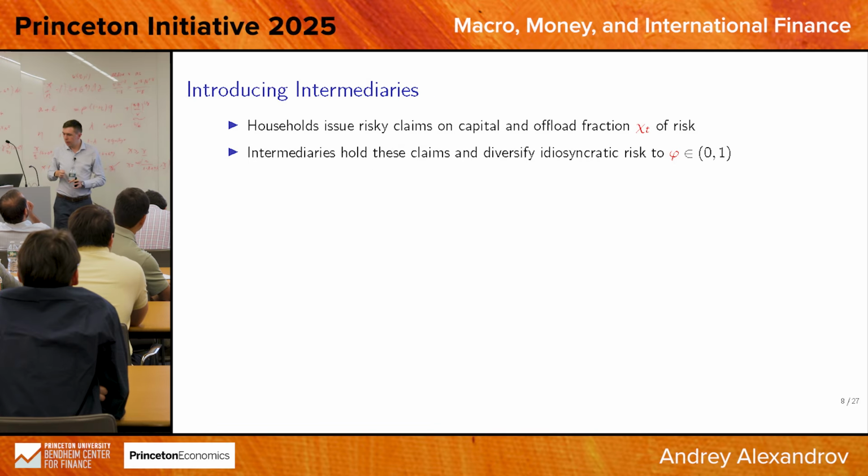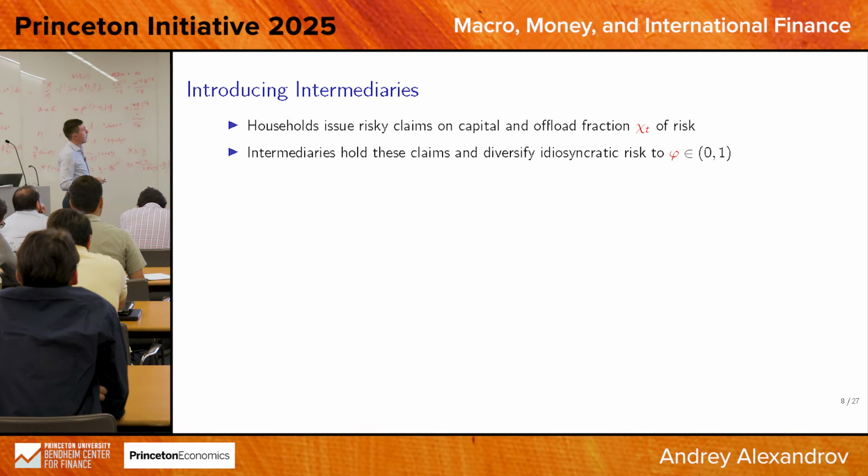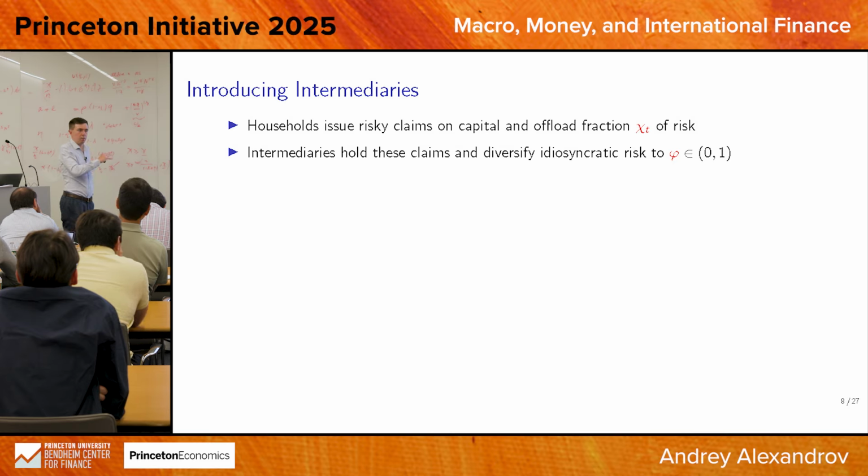Okay, so now we have sticky prices. Now let's add the intermediary sector, and this is going to be very similar to what you had seen in Gautam's presentation. So again, we're going to have households that are subject to this idiosyncratic risk that they dislike because they're risk averse. They would like to get rid of this idiosyncratic risk, well, aggregate risk too, and they can issue risky claims on their capital and offload a fraction chi of that risk to intermediaries. Same as before.